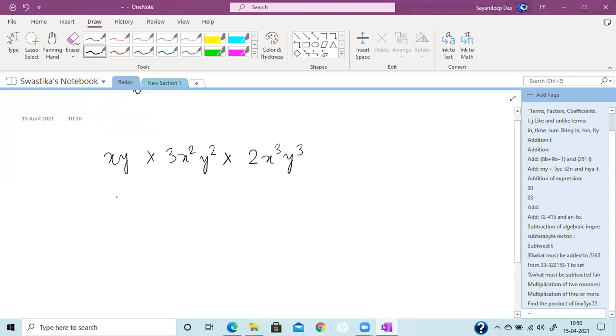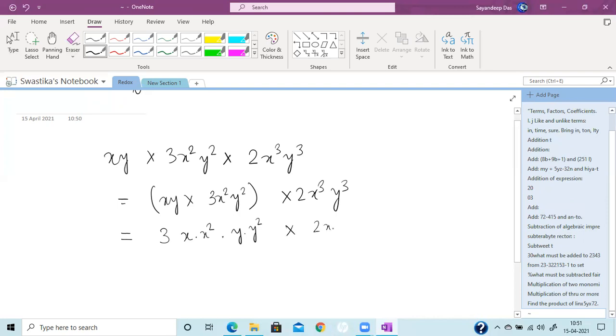Okay, so you can do it like this. First you multiply xy into 3x square y square into 2x cube y cube. What you will get? You will get x into 3x into x square into y square into 2x cube y cube.